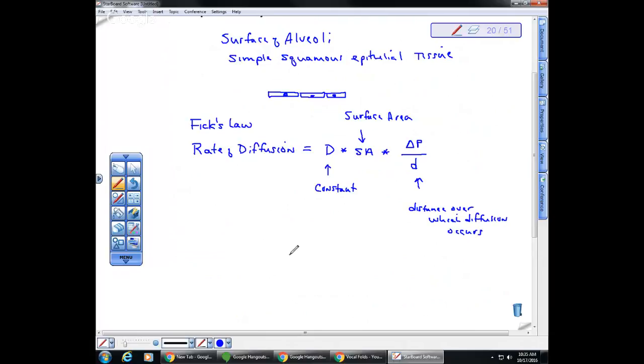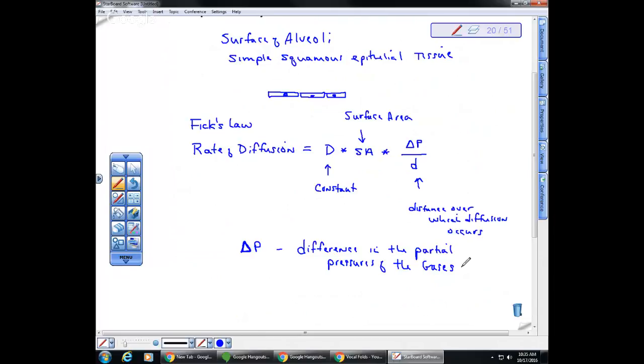Now delta P is important because, does anybody know what a delta means? What does that mean? Change, right? So this is the difference. We'll say it's the change or the difference in the partial pressures of the gases. So delta P is the difference in the partial pressure.